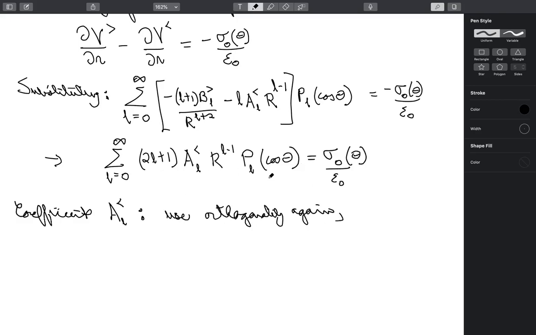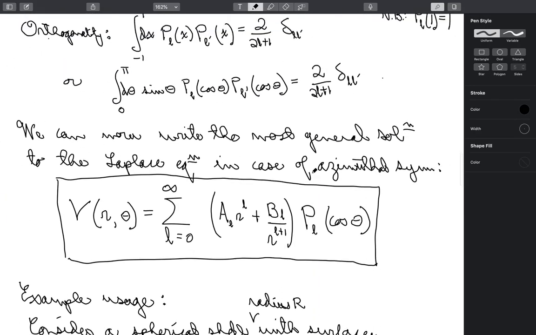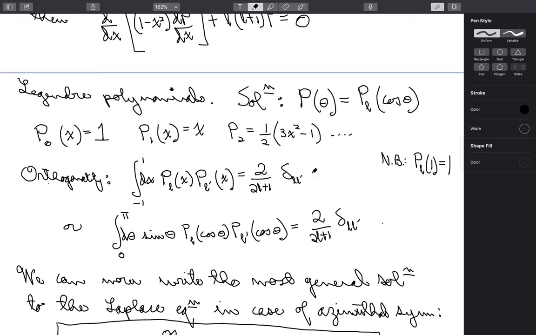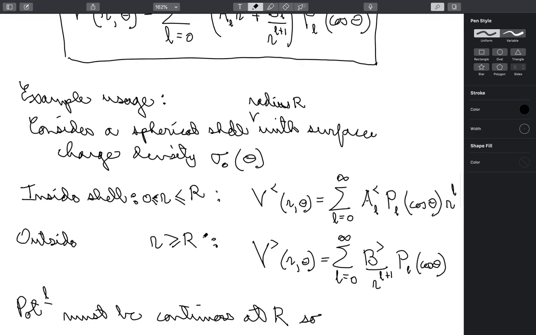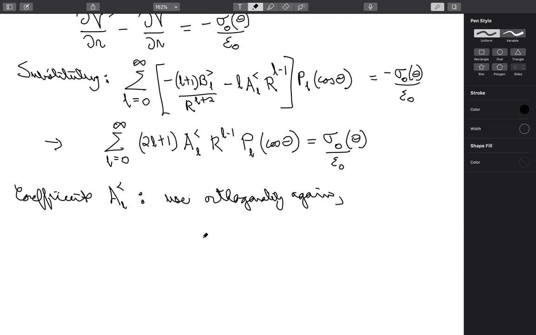What I'm going to do is just multiply by sine theta, integrate from 0 to pi according to the orthogonality relation that I gave you somewhere. This one here, right? I've got one of the polynomials here, I'll multiply by another, and then I'll just fish it out. So if I just multiply this by PL of cos theta and sine theta, and then integrate over theta from 0 to pi, I'm just going to get 2L plus 1 A times R.